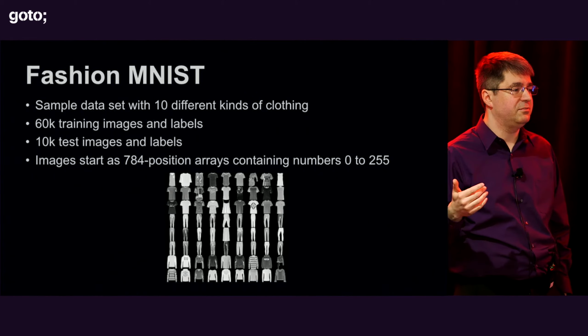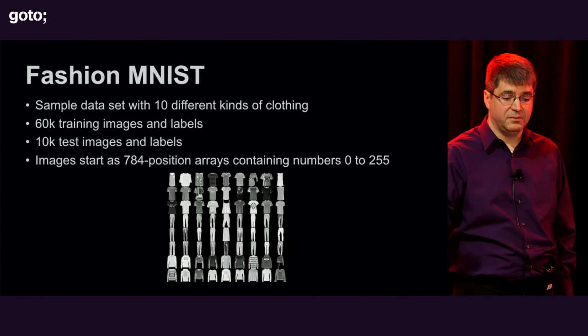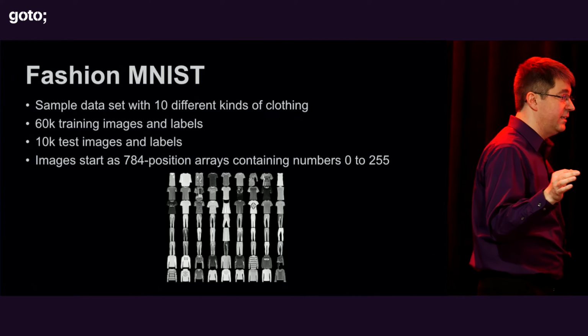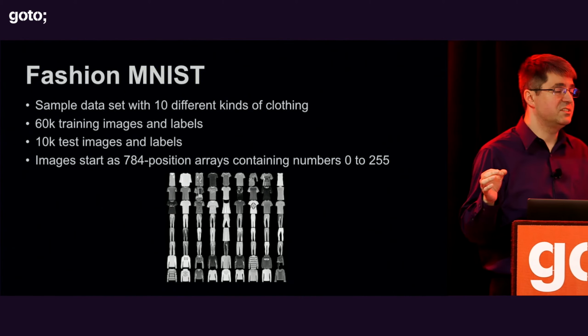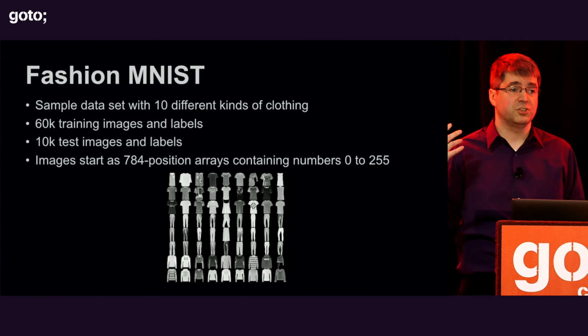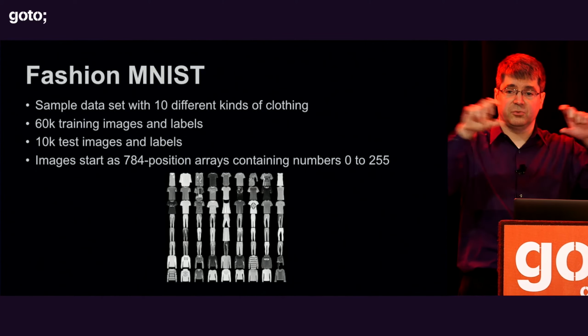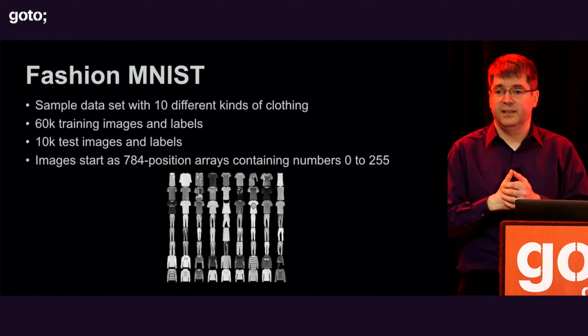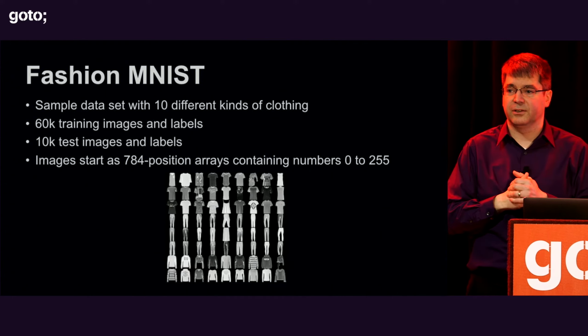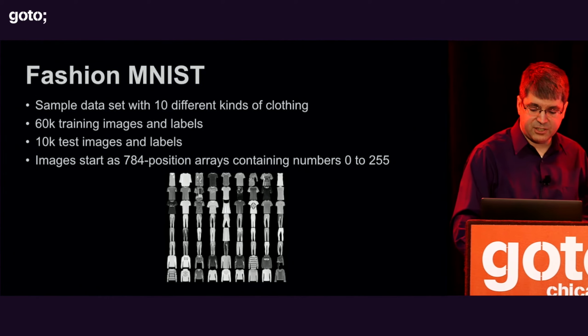The 0 through 255 is basically the brightness of the images, and the 784 position array are the different pixels on the screen. Now the thing is, images typically aren't flat arrays, they're matrices. So one of the things that we're going to use Kubeflow pipelines to do is to take those arrays and bounce them into matrices. Data pre-processing, that's something you have to do in pretty much any sort of machine learning algo. Okay, so that's Fashion MNIST.